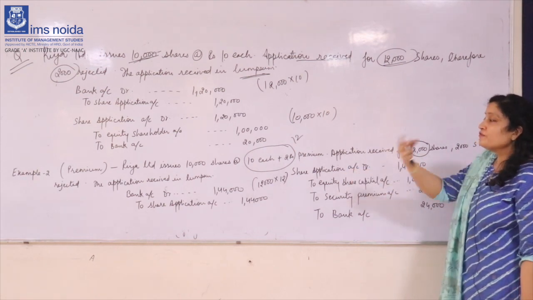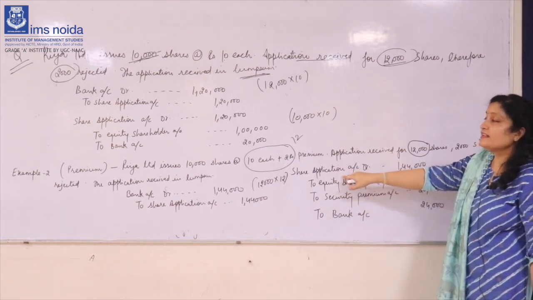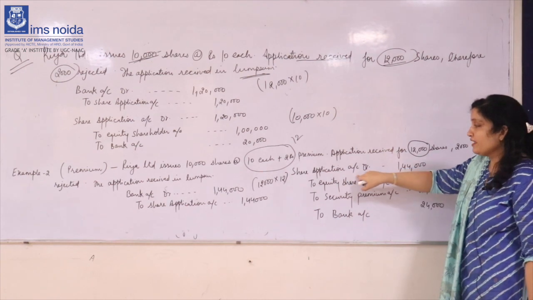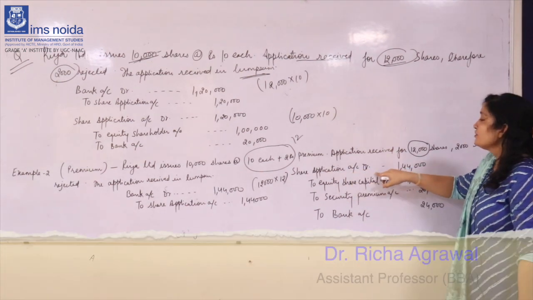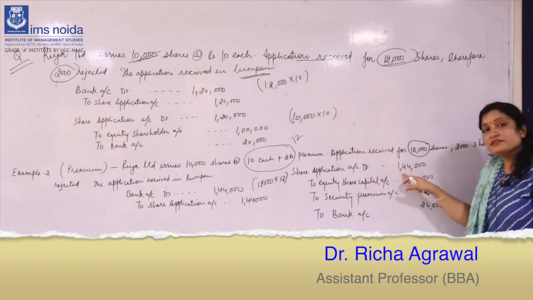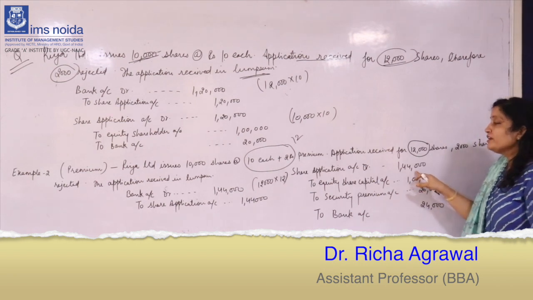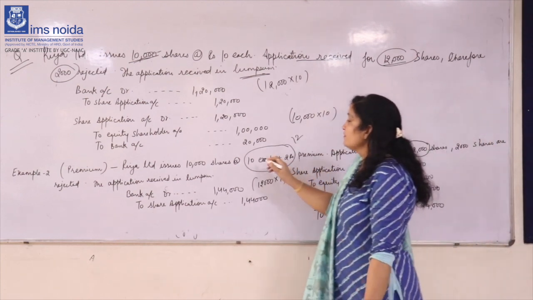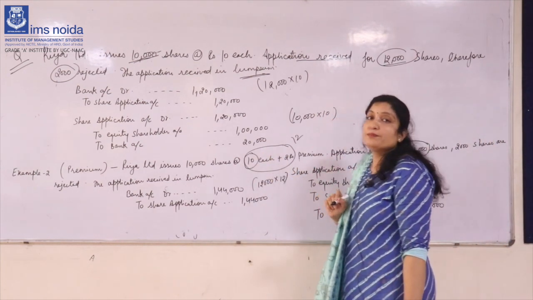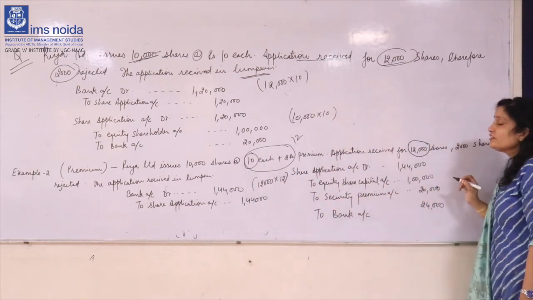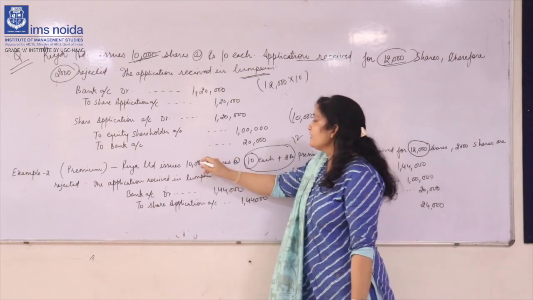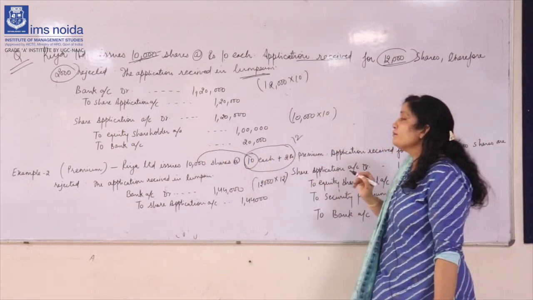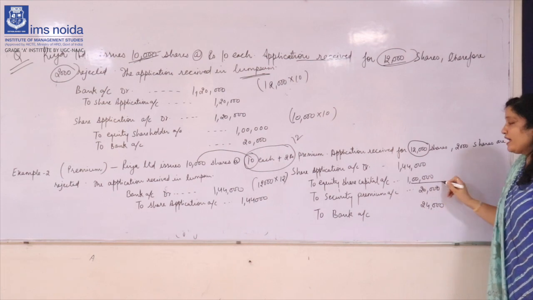Now we will allot the share. In that case the entry will be placed, which is here share application account debit, which is again 1,44,000, but to equity share capital. Equity share capital is at rupees 10, and how many shares do we need to issue? Only 10,000. So 10,000 multiplied by 10, we will get 1 lakh.